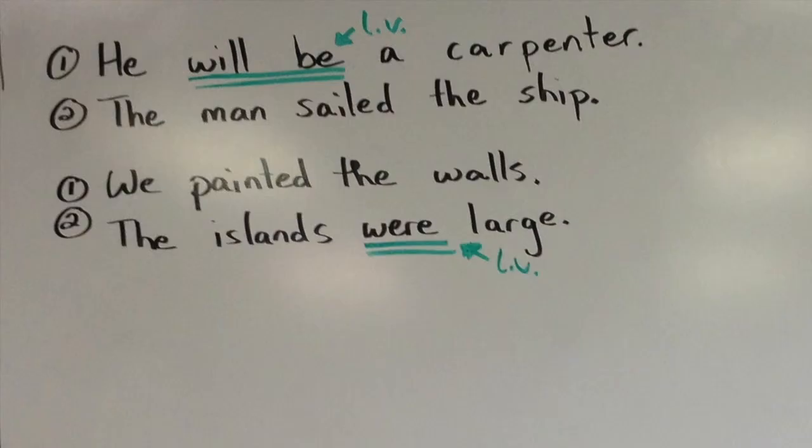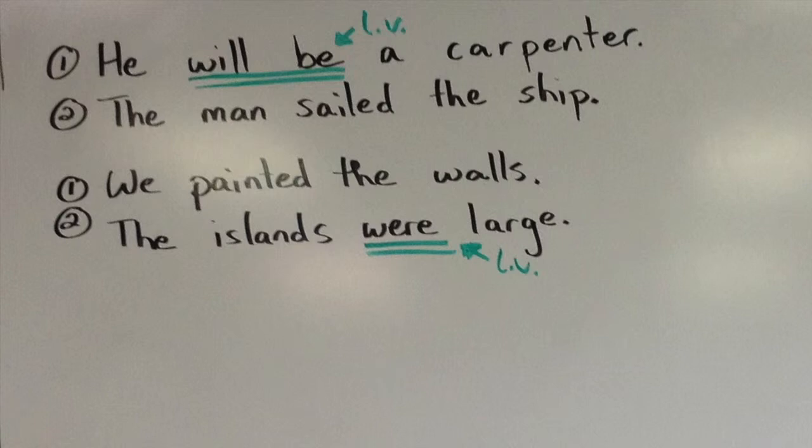In the first sentence, we painted the walls. Walls and we are not the same thing, and walls also doesn't describe the word we. So painted is not a linking verb. On the other hand, in the second sentence, the islands were large. Large describes the islands, so were is a linking verb.